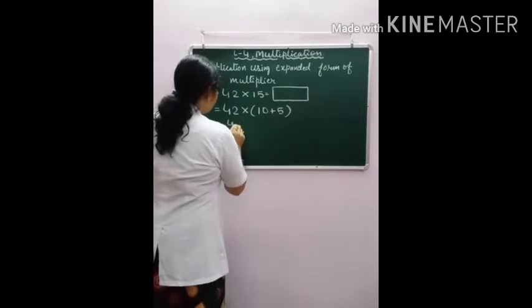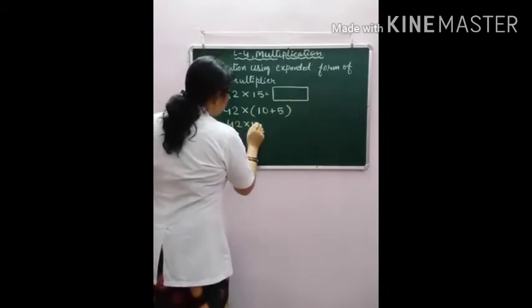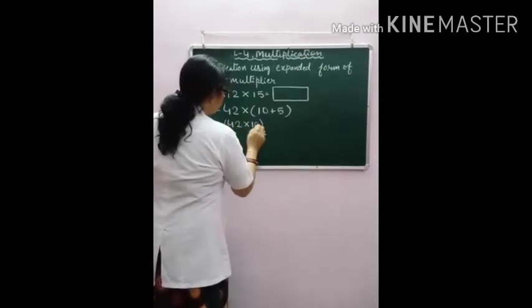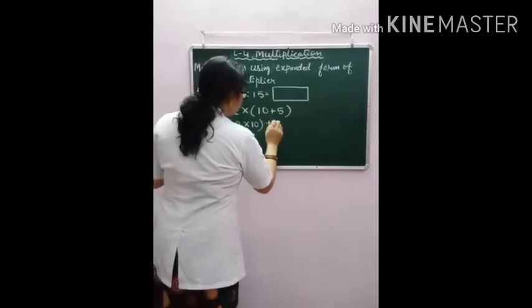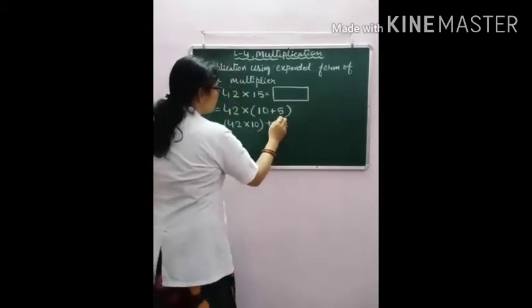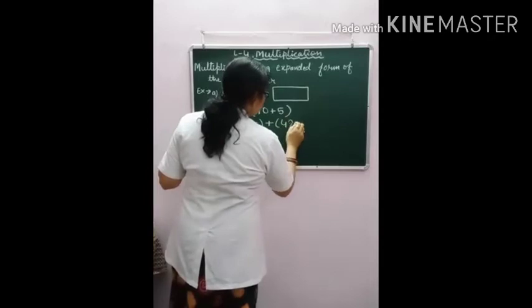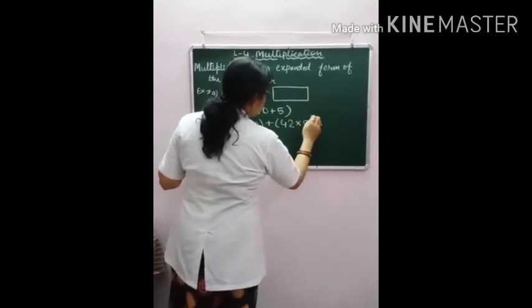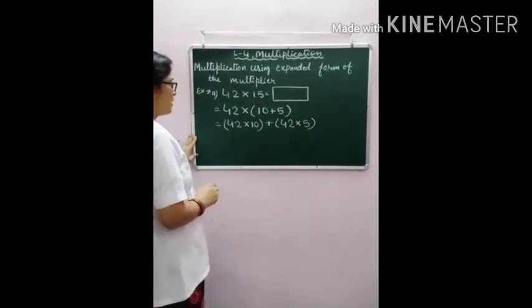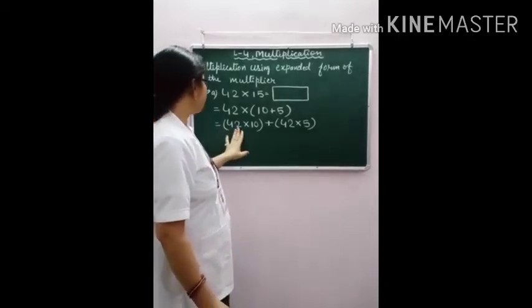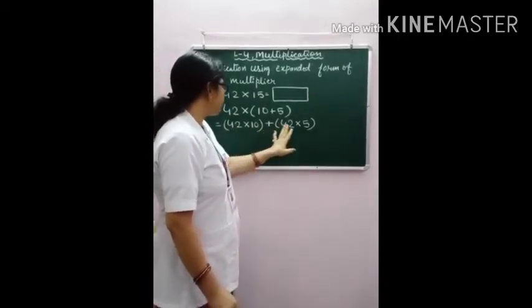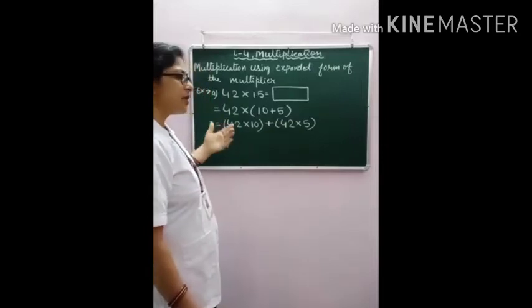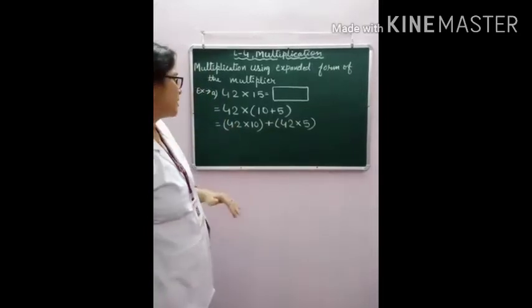So, we write down 42 into 10 and I will put an addition sign between the product. So, like this, we will find out the product of these two numbers separately and after adding, we will get the final answer.